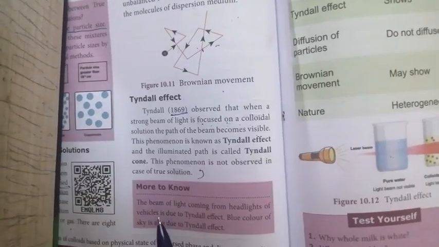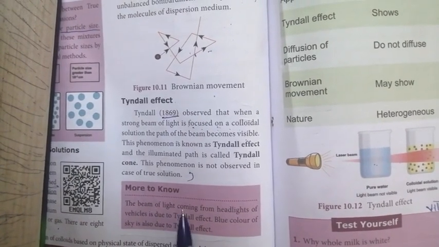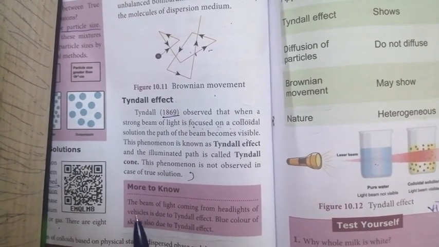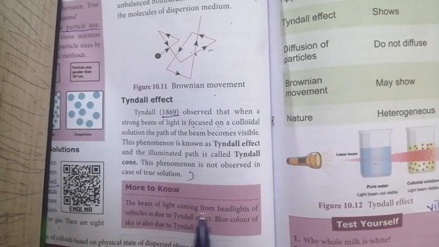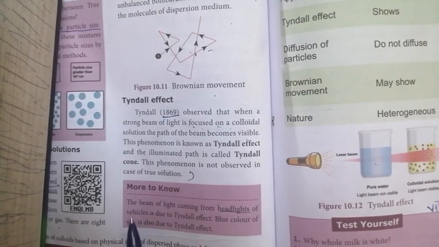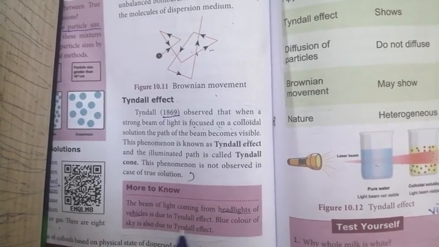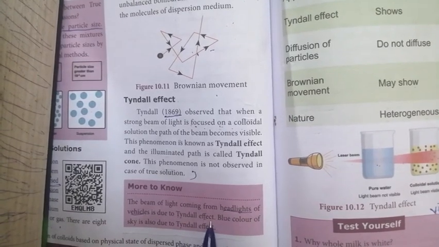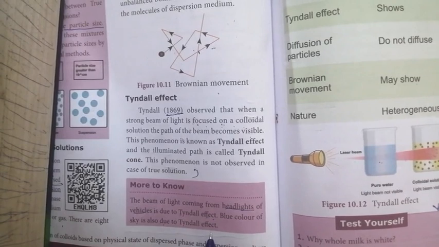One more thing, a note box is given here, so listen. The beam of light coming from the headlights of vehicles is due to Tyndall effect. The blue color of the sky is also due to Tyndall effect.